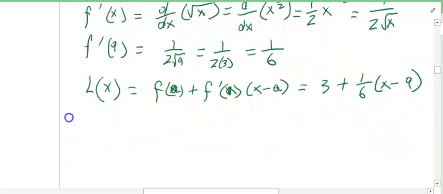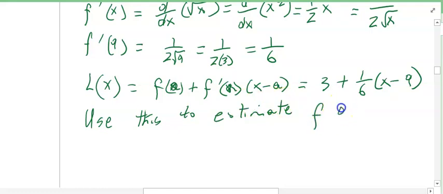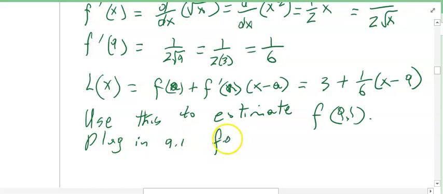So we want to use this to estimate f of 9.1. What we will do is plug in 9.1 for x in the L of x function.